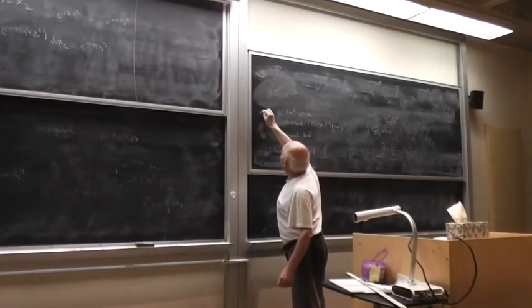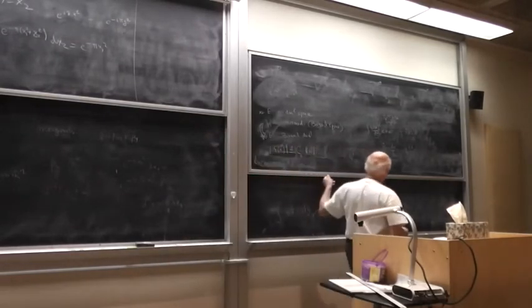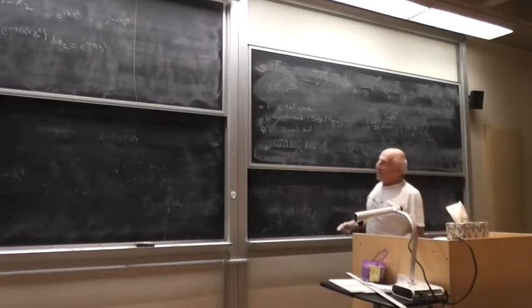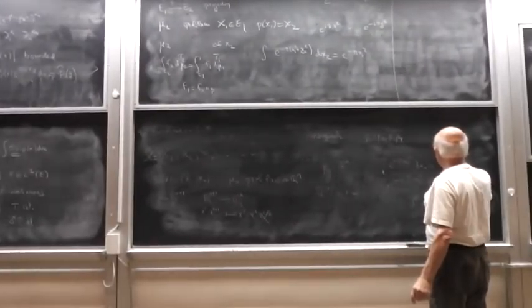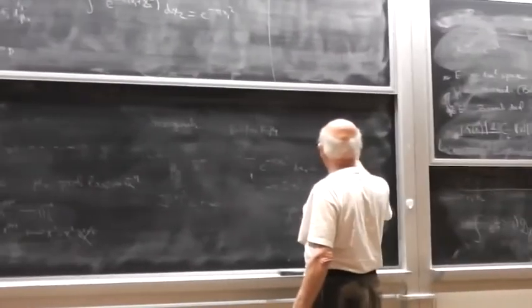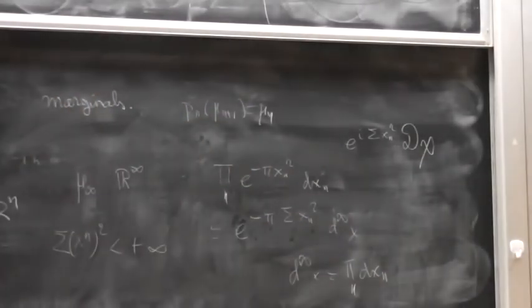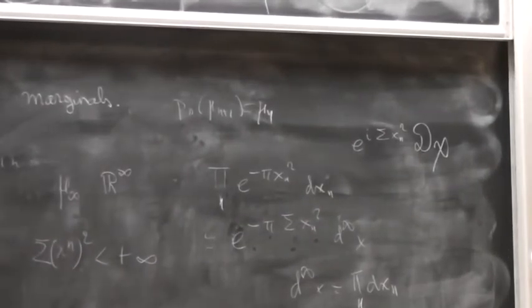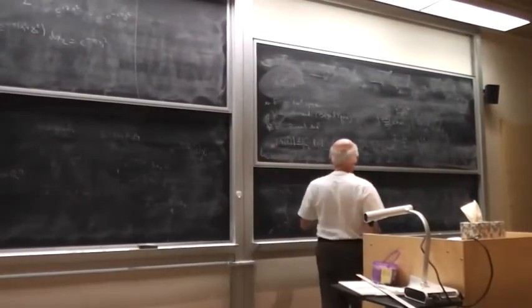If you do the calculation formally, either in this sense or in this sense, you will find that formally it's e to the i times the sum of the coordinates x squared dx. What do I mean by dx? It's a distribution. It's a distribution on Hilbert space. That means it integrates certain test functions.